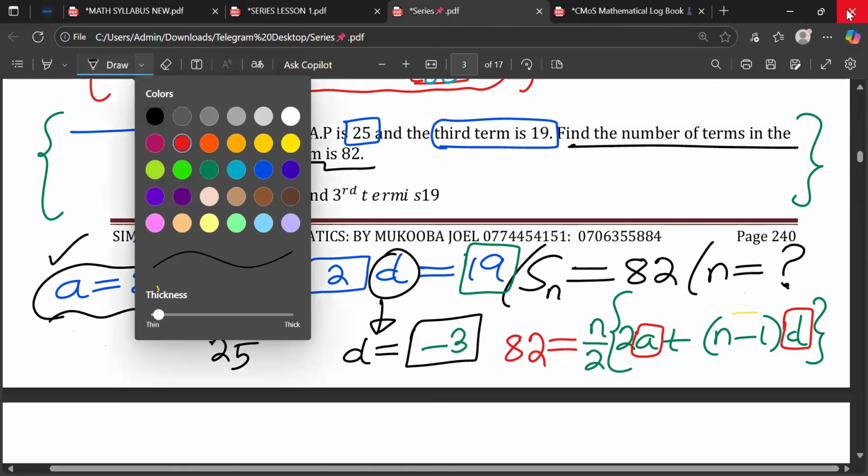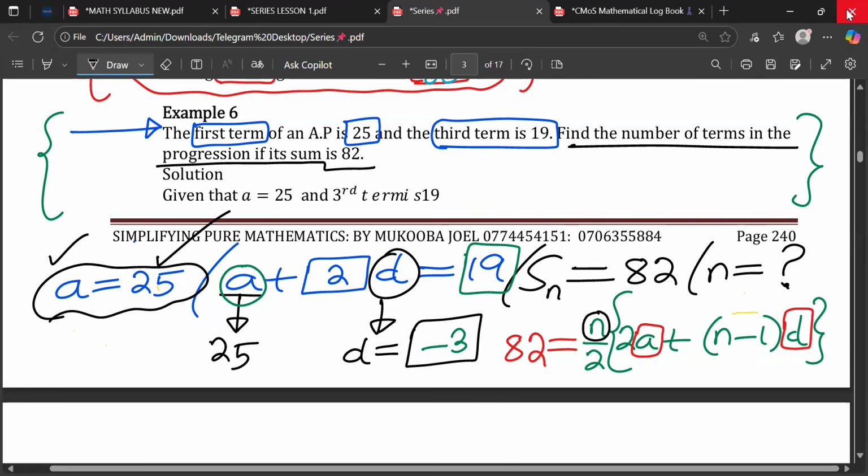You people, you want to tell me that none of you can get this value of n? What I want you to see is that this topic of series has no content. What you have to understand are those things I've been deriving for you from scratch. These other things are substitutions and algebra. Look at that. We have 82, we have the value of a, we have the value of d, and they want the value of n.